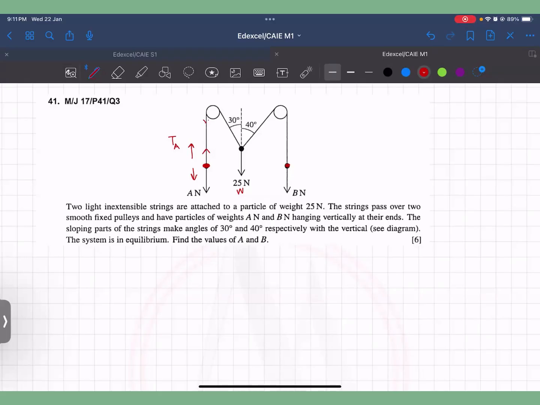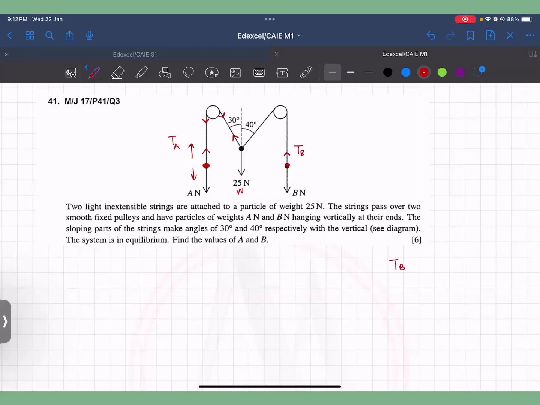Similarly, this would be pulling it down like this, and over here as well. The tension in the strings would be pulling the 25 Newton weight upwards. Similarly, to overcome the weight of this particle B, the tension in this string we can call TB.